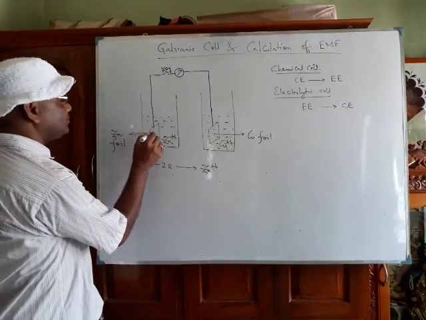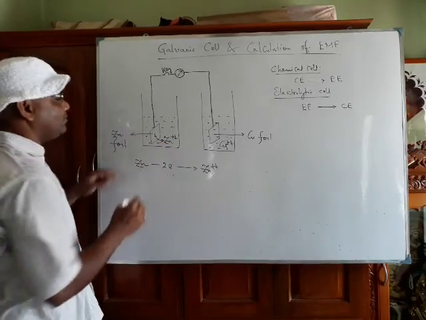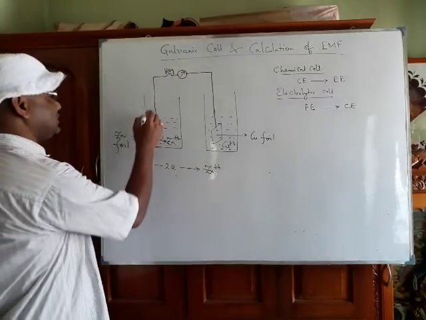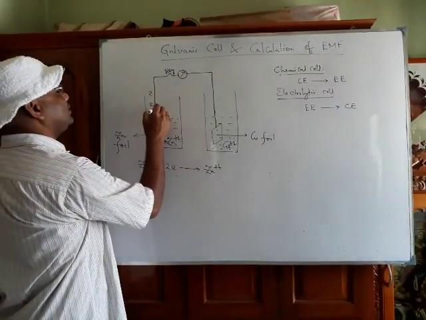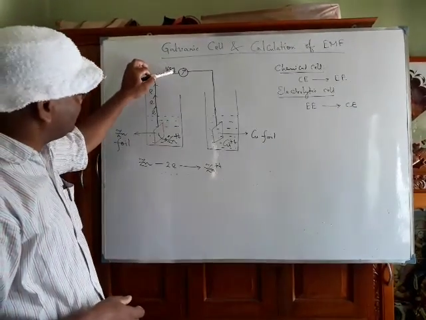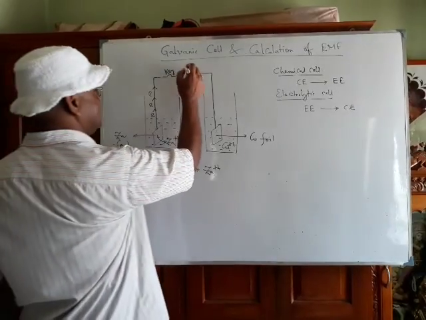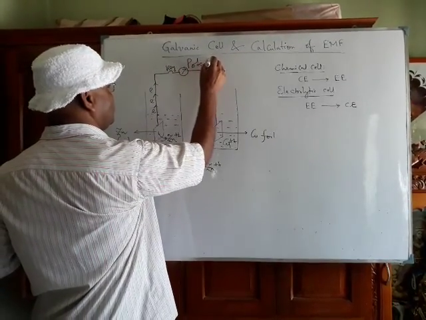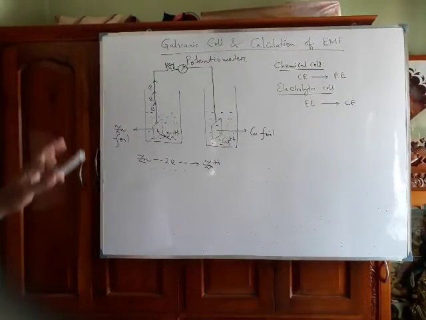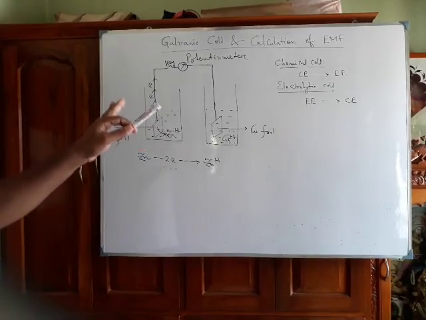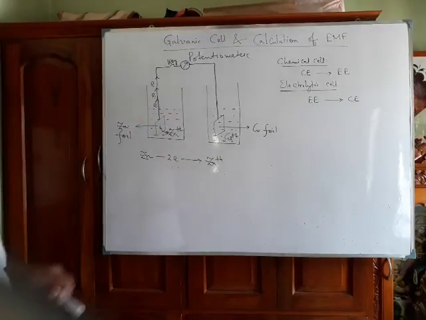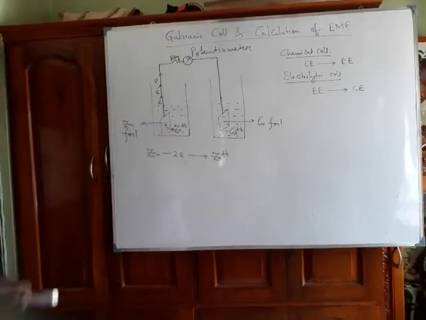So electrons will flow through this zinc wire, and here there is an arrangement of a key, and this arrow indicates that this is a potentiometer. Potentiometer means an instrument used for the measurement of EMF, electromotive force, determined with the help of this sophisticated instrument.